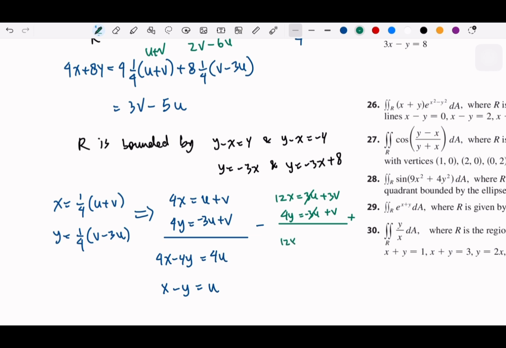So 12x plus 4y is 4v. So 3x plus y is v. Okay. So let me mark this first so that I will not forget.